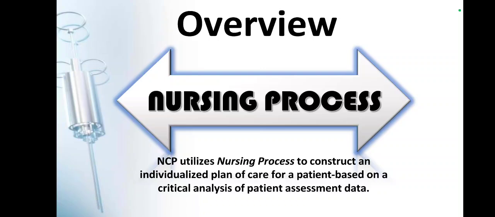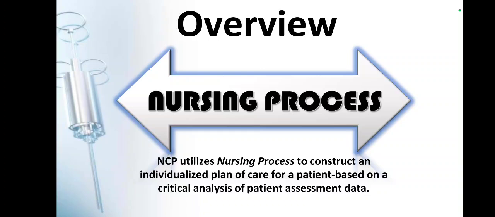Again, the nursing diagnosis has 3 parts: the problem of the patient, the etiology or the reason or cause of the problem, and then the signs and symptoms. So PES. A nursing diagnosis can be a wellness, a risk, a syndrome, or a possible nursing diagnosis.